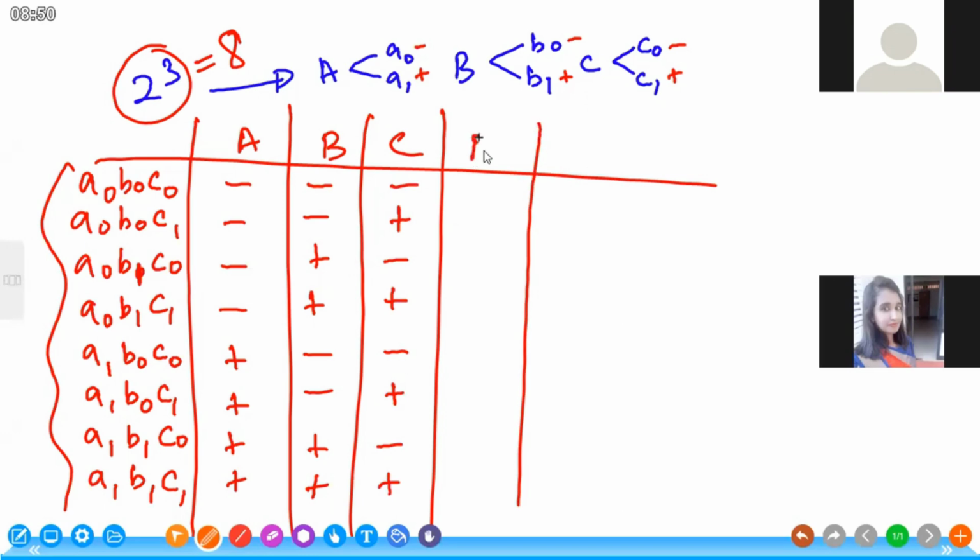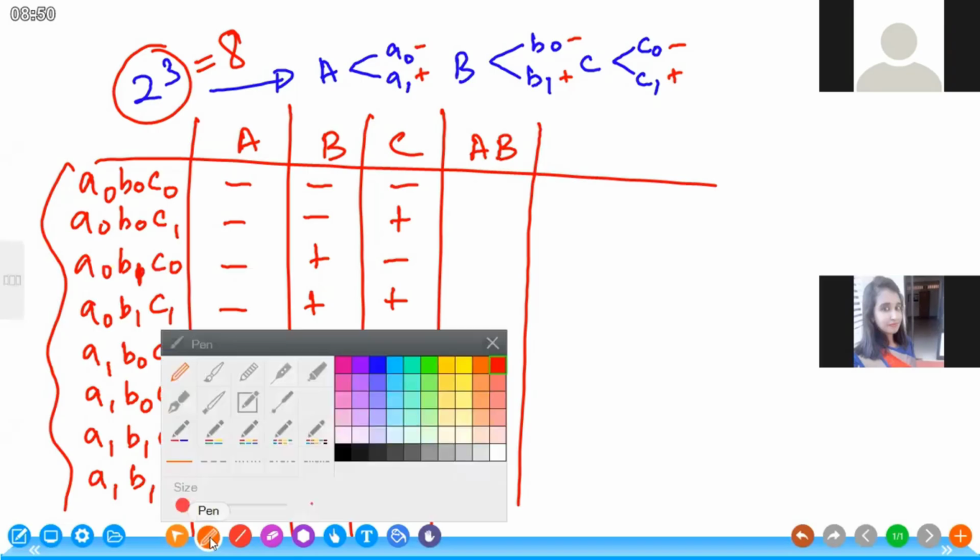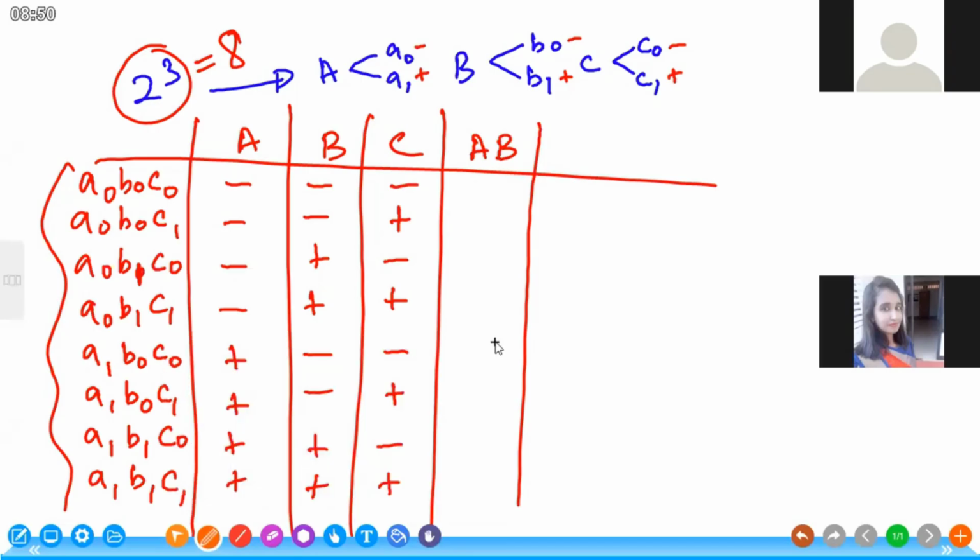Now let's go to AB. For AB, we cannot do it as we did before. What we'll have to do is multiply the sign of A with the sign of B. Right?